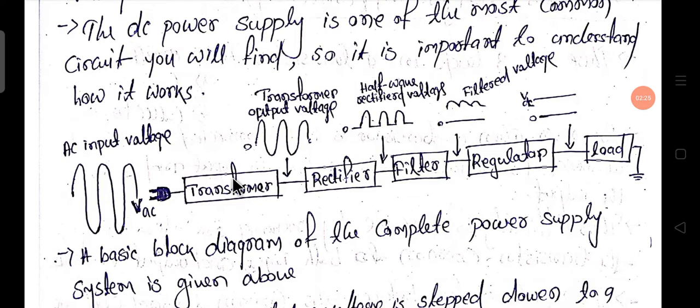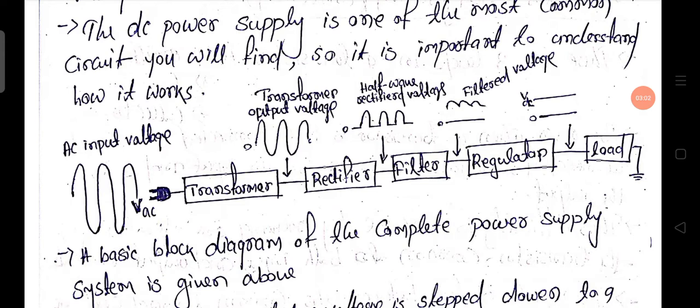That means the transformer can step up the voltage of the input signal to a higher level, or step down the voltage of the input signal to a lower level. Generally, the transformer does the step down function, because for DC work we want less voltage.